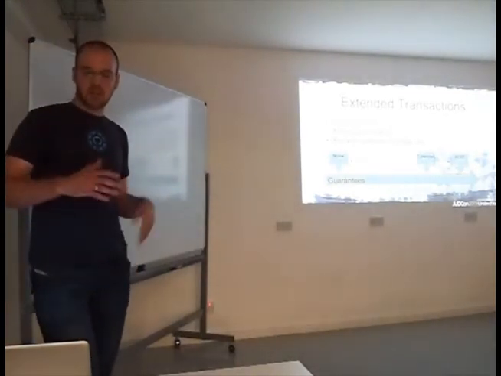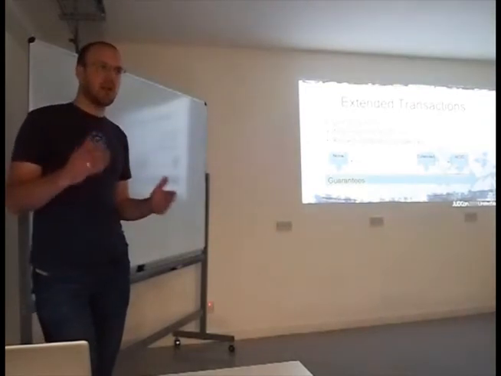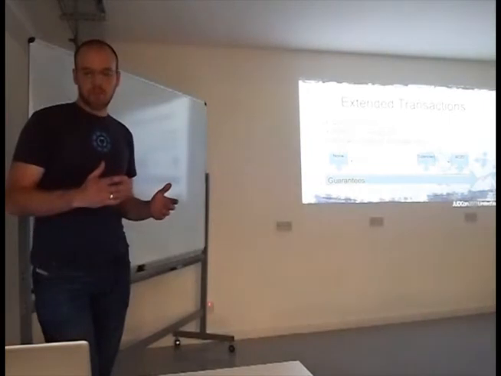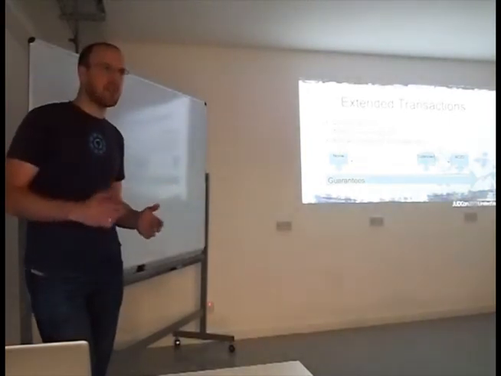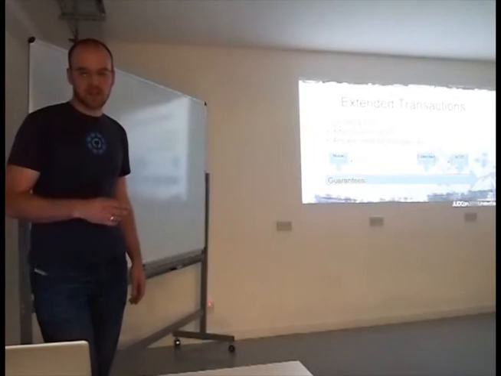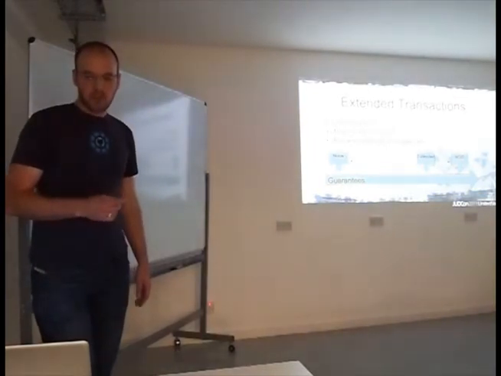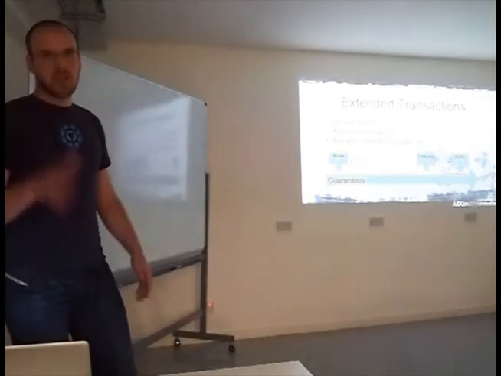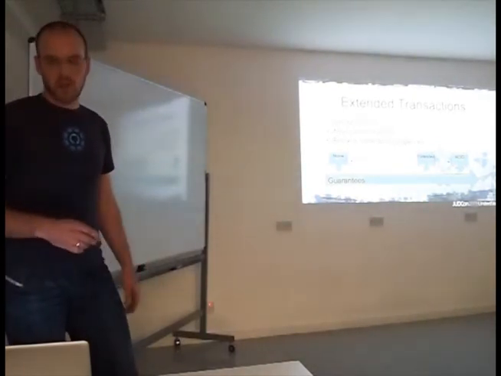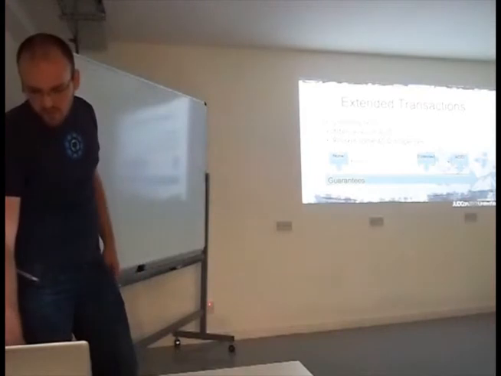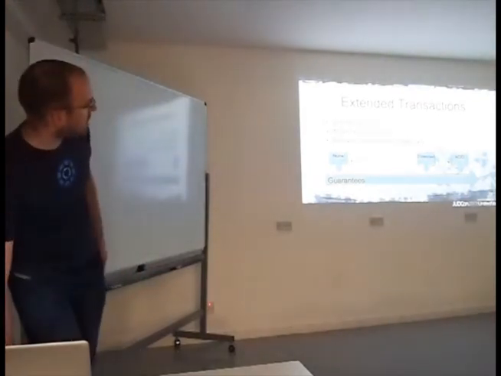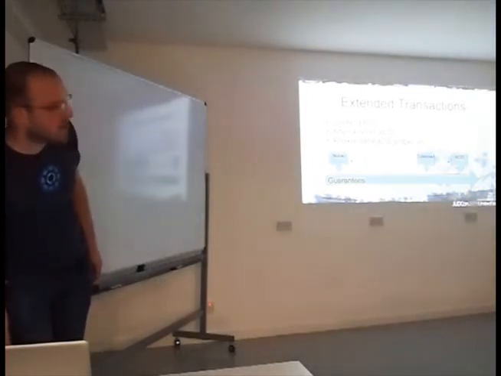There's an umbrella term used to define a group of transaction protocols that relax one or more of these ACID properties. This is called extended transactions. There are a number of these protocols around, and the research has been going on for 10, 20 years. But essentially the idea is that if you look at this spectrum of guarantees, imagine if you don't have transactions at all, you have very few guarantees.